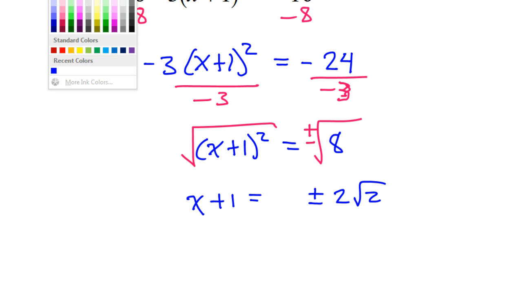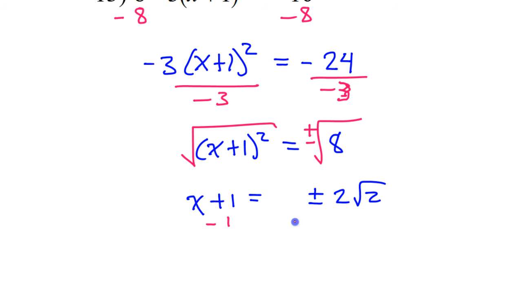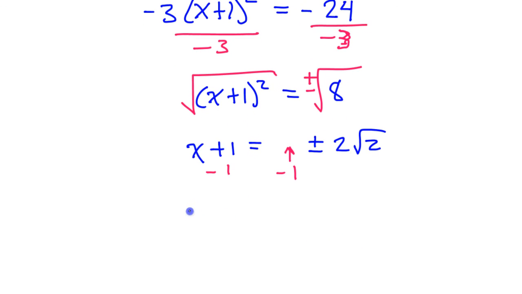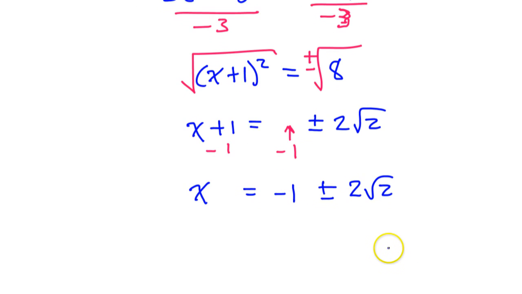Alright, then we're going to subtract 1 from both sides, and again put it in the front. So that'll leave me with x is equal to negative 1 plus or minus 2 radical 2. And that's as far as we go. We can't add these together because these are not like terms.